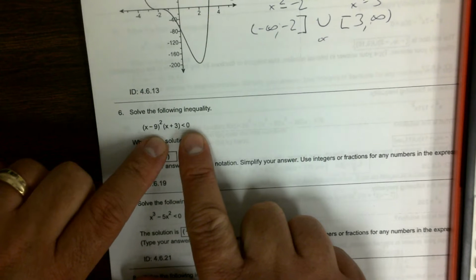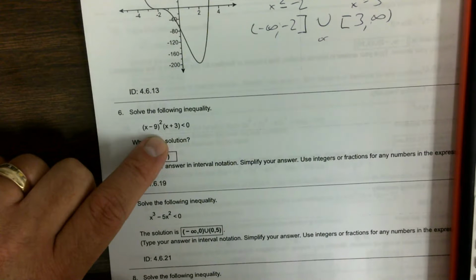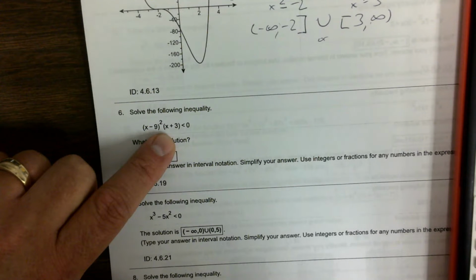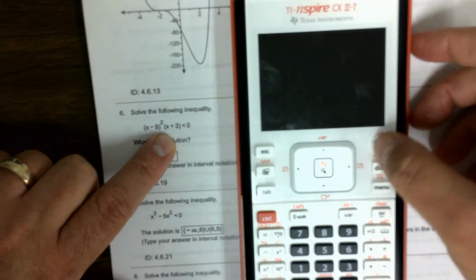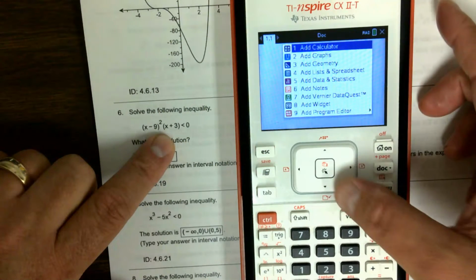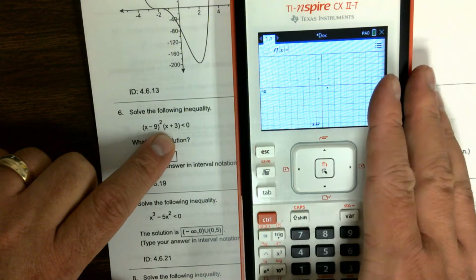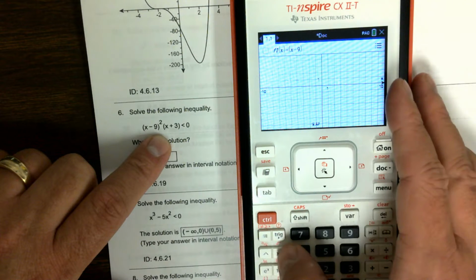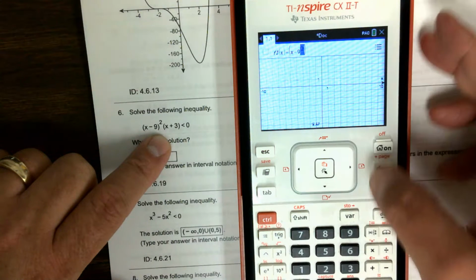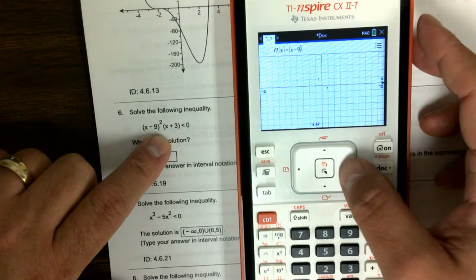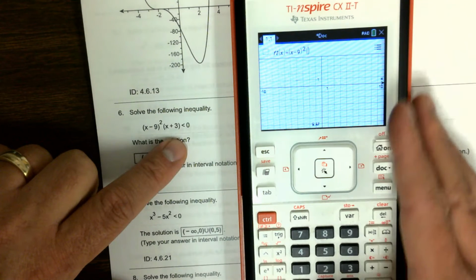I think one year students got too dependent on making it a relation, but if we just use this as function 1, we could say x minus 9 squared, and then x plus 3.